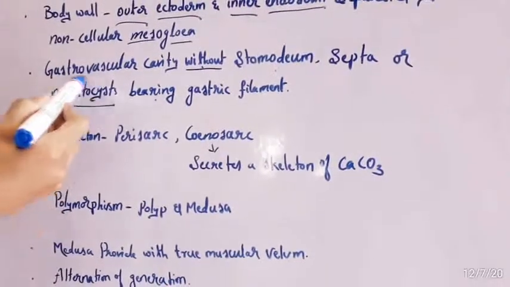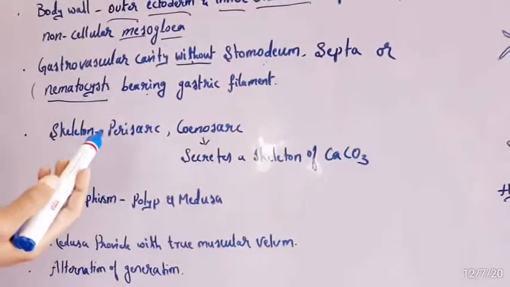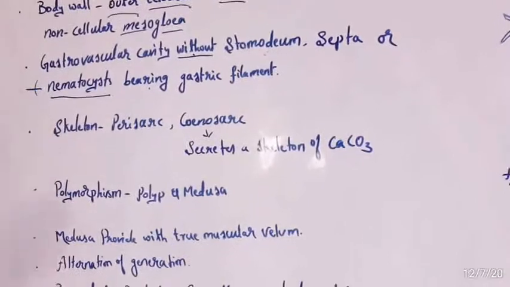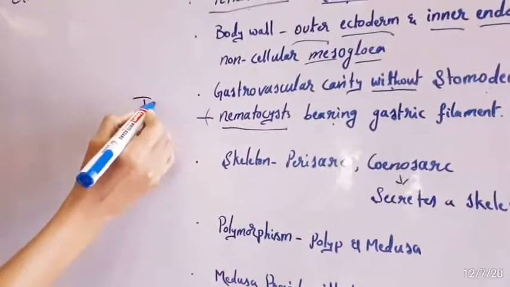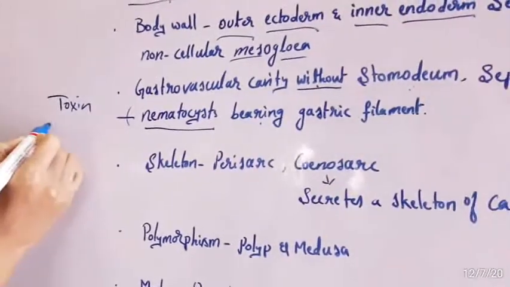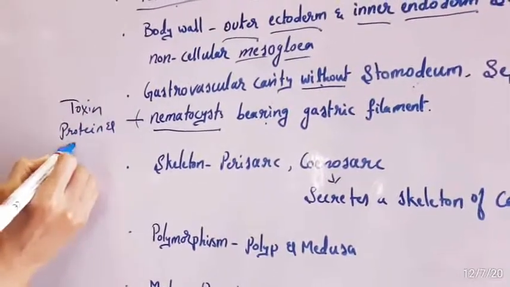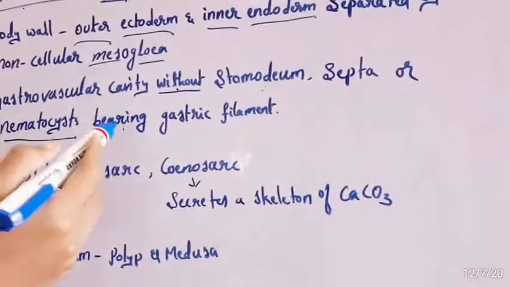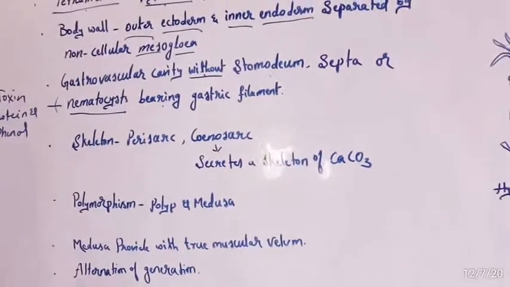Its function is to kill the prey. This nematocyst contains a toxic or poisonous toxin, made of protein and phenol. So the nematocyst bearing gastric filament kills or paralyzes the prey.